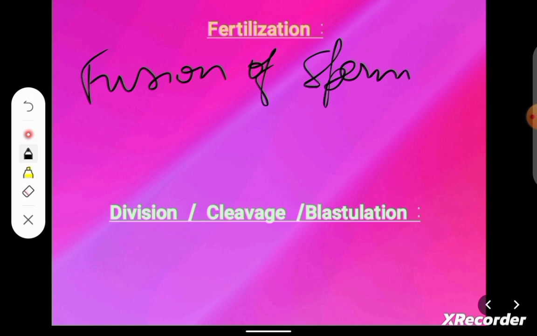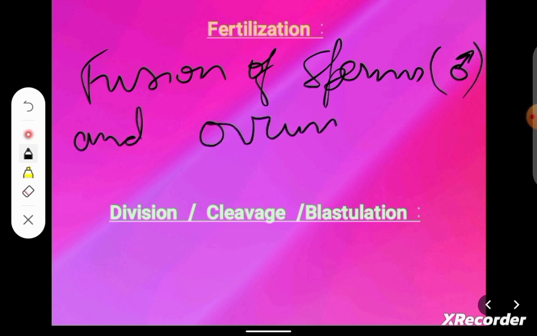Then there's fertilization, that is the fusion of sperms, the male gametes, and ovum, the female gametes.